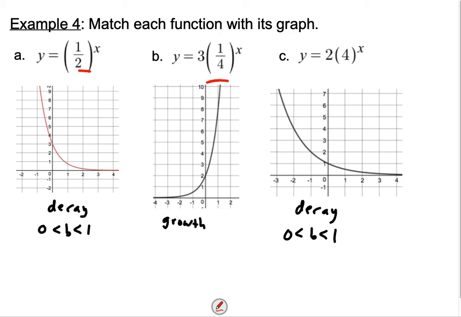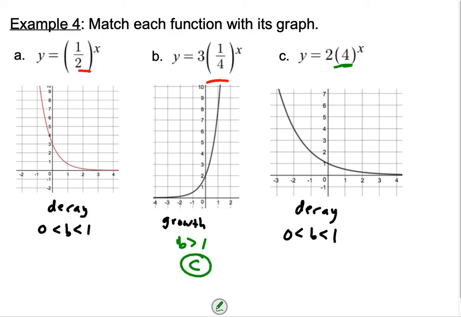Both of those are somewhere between 0 and 1. So both of those are one of the decay graphs, so they're on the ends there. And then the letter C there has a B value there of 4. So since it has a 4, that's greater than 1. So we know that this has to be letter C here.